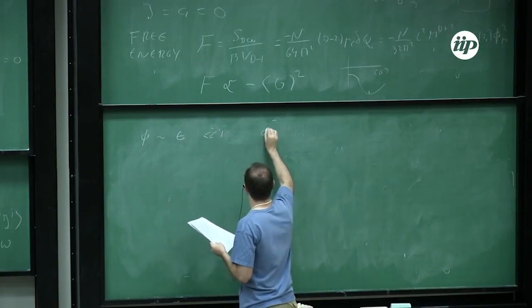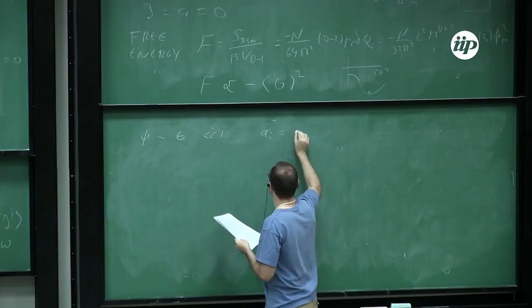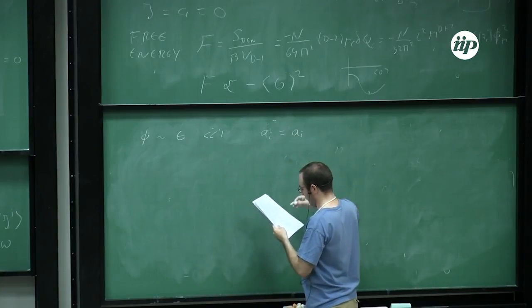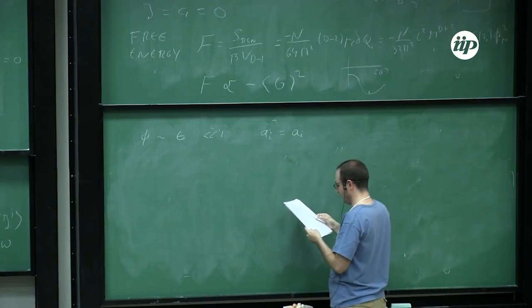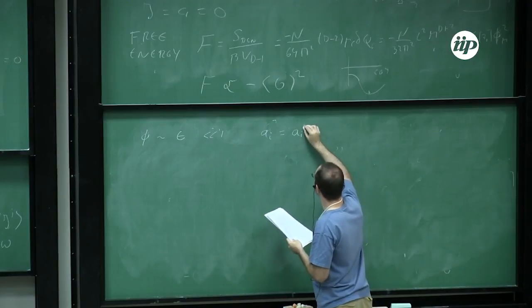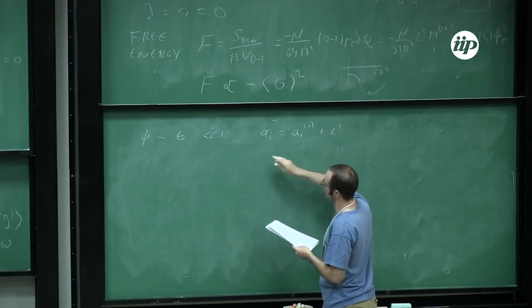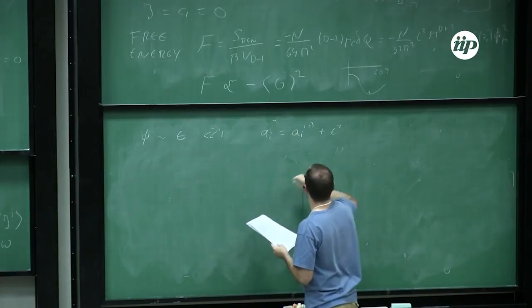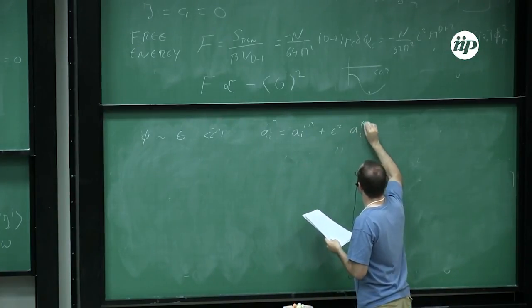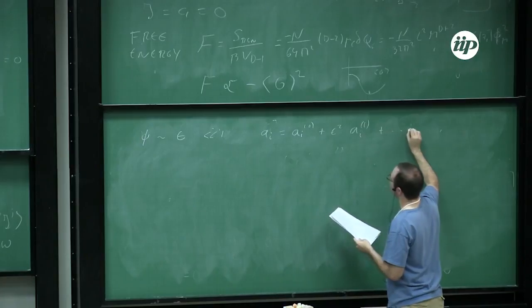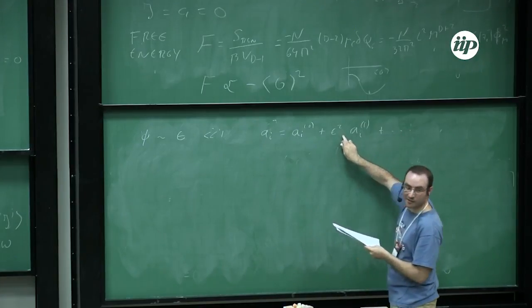And then we can expand the gauge field also in this parameter. So now this thing refers to the expansion with respect to the amplitude of the scalar. So as we know, the first correction is of order epsilon squared.